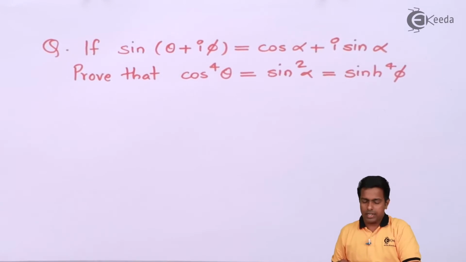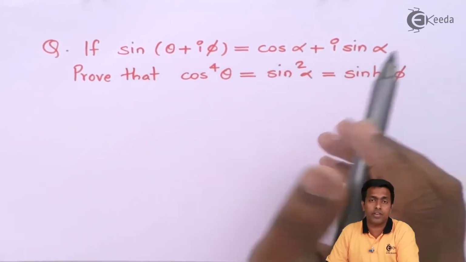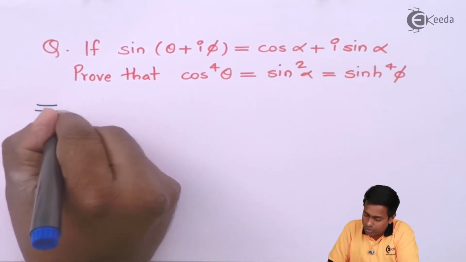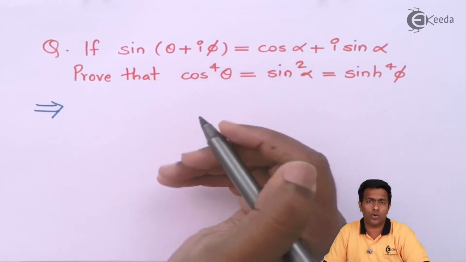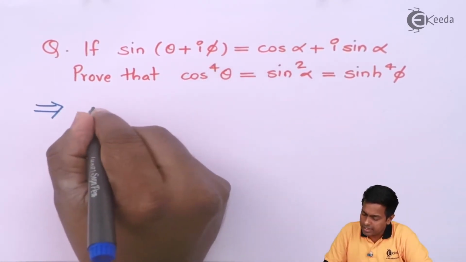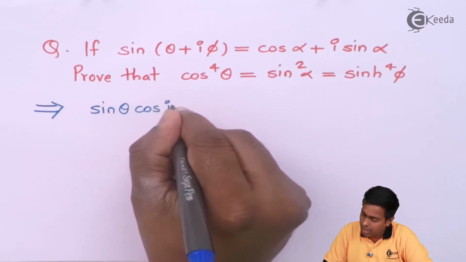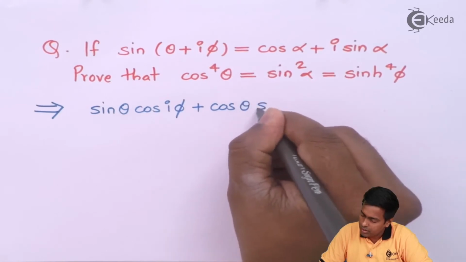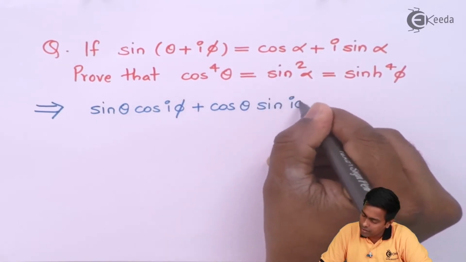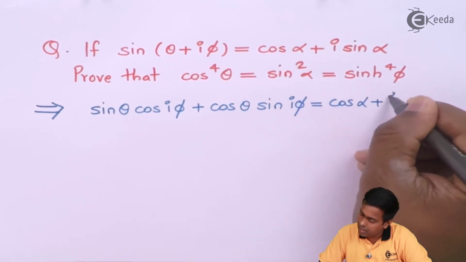So guys, for that I'll take the given term, and in this given term we'll expand it. So here we have sine of theta plus i phi. Let's expand it by using the formula of sine of a plus b. So that is sine theta into cos of i phi plus cos theta into sine of i phi, which is equal to cos alpha plus i sin alpha.